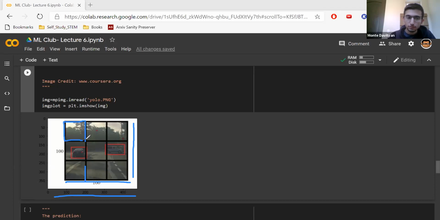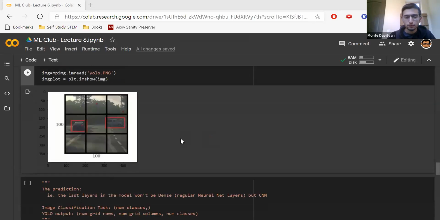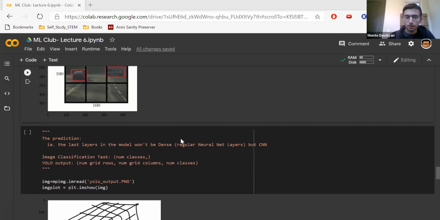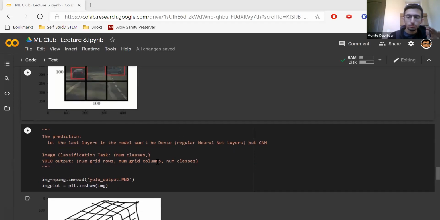What's the probability of it being in this grid, or in this grid, and so on. Because we have, in this case, 9 grids, this would have 9 different outputs. Not necessarily only 9 different outputs, but the 9 outputs would be for one specific dimension.